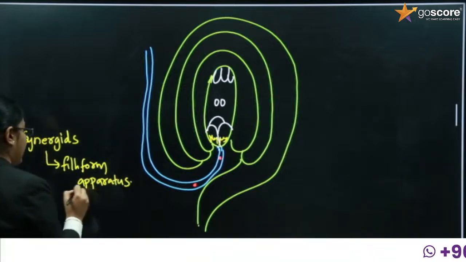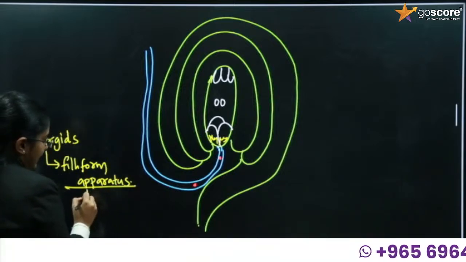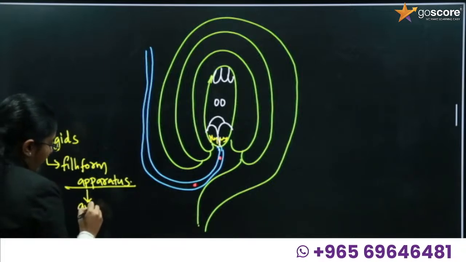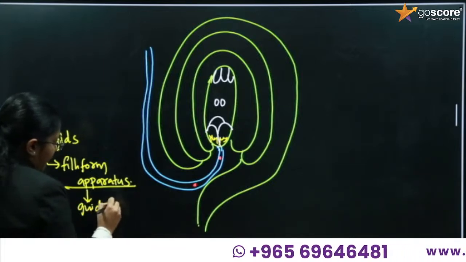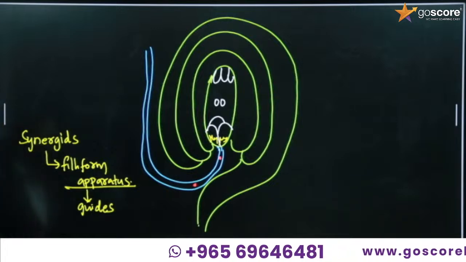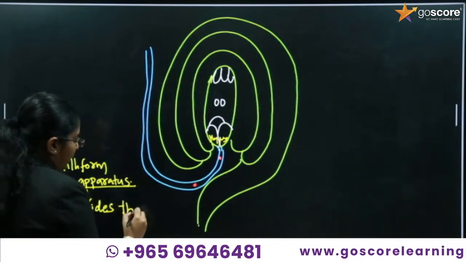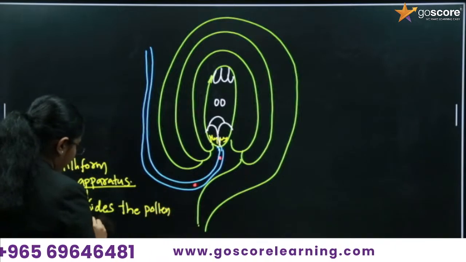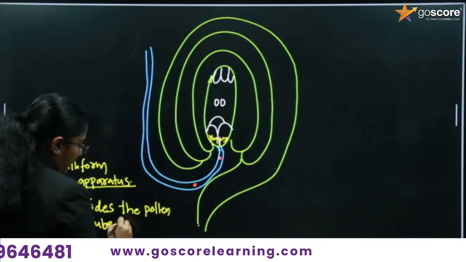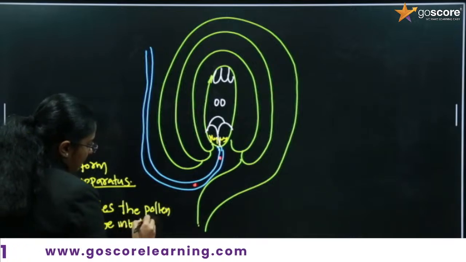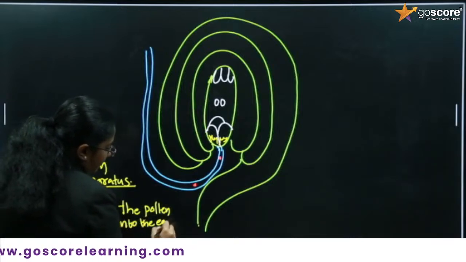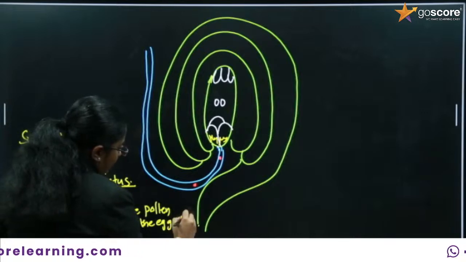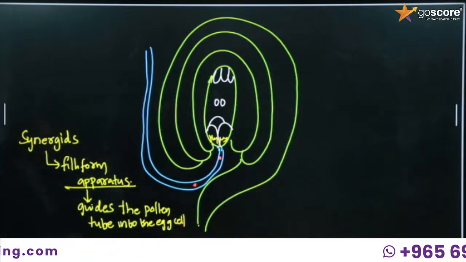This filiform apparatus is the apparatus which guides the pollen tube into the egg. It guides the pollen tube into the egg.